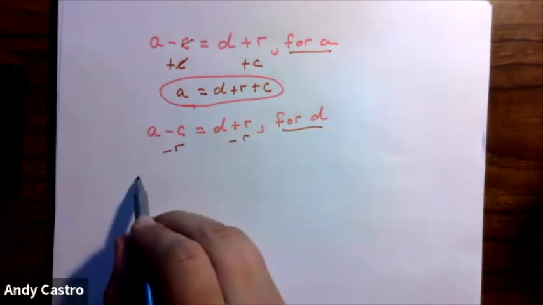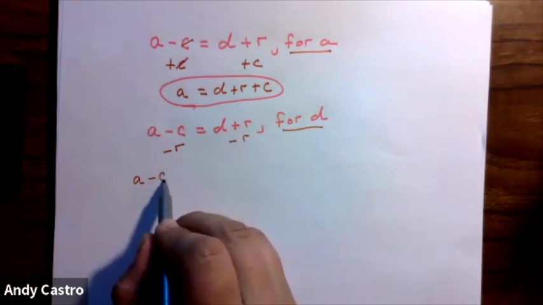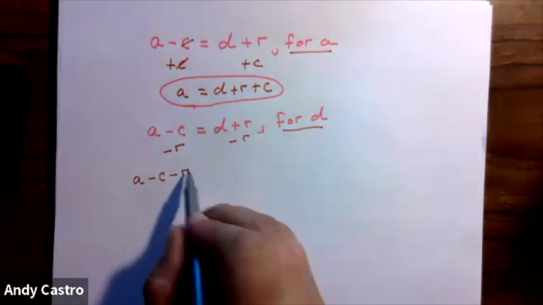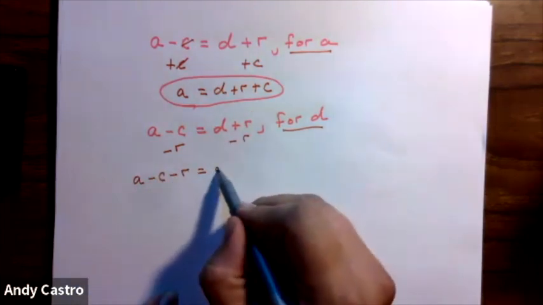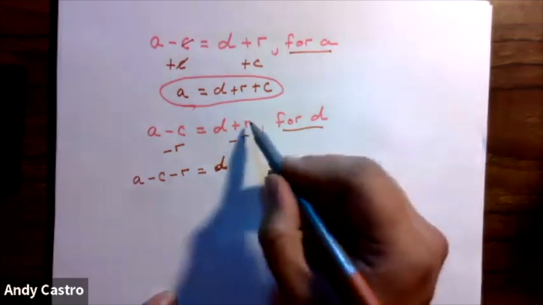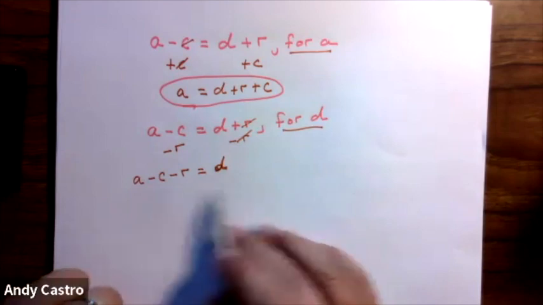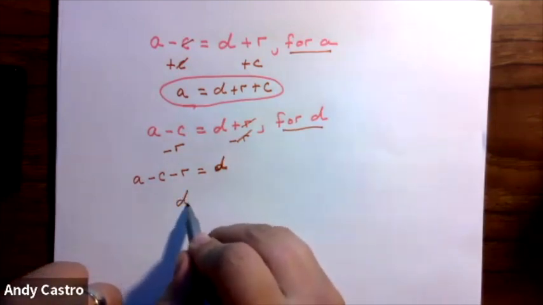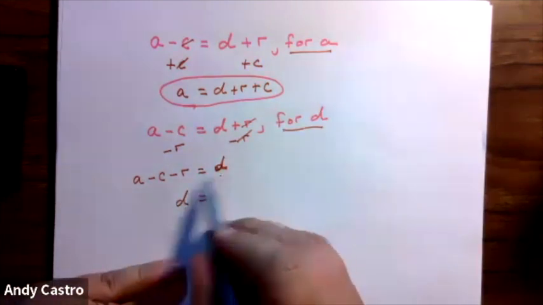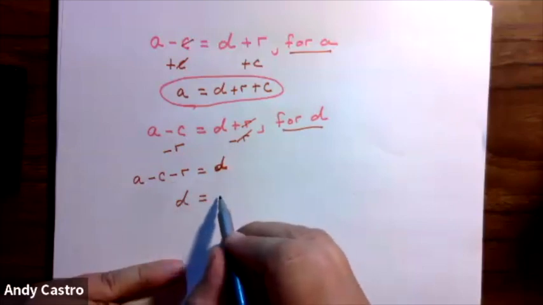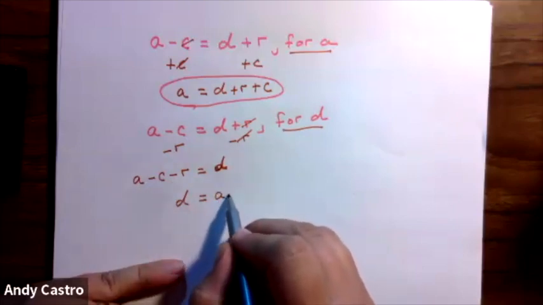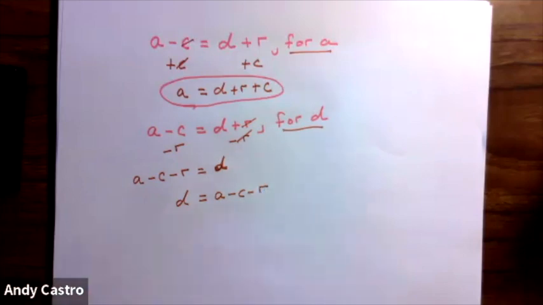I'm going to get A minus C minus R is equal to D. Those R's will go away. Just so that it reads according to proper nomenclature, I'm going to switch the left and the right. D is equal to A minus C minus R.